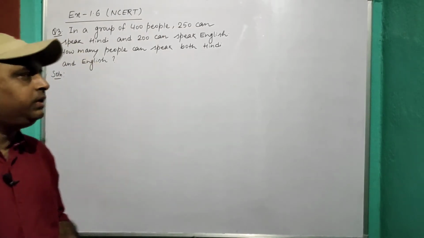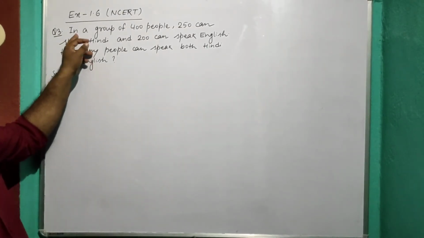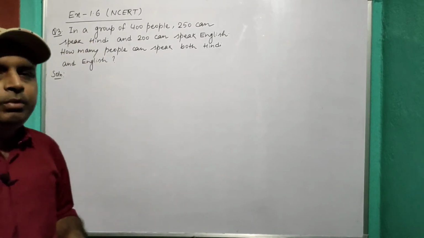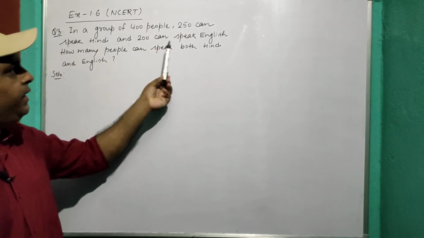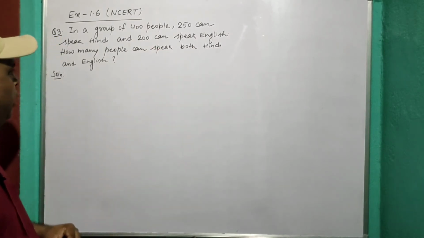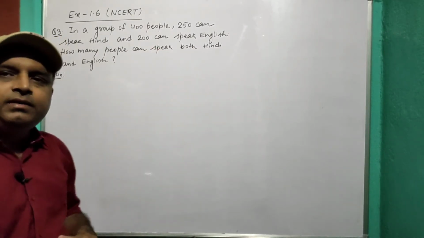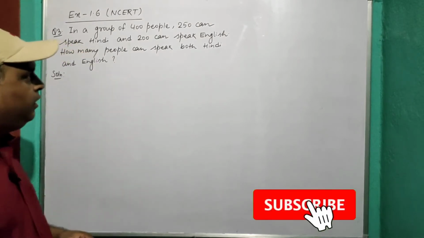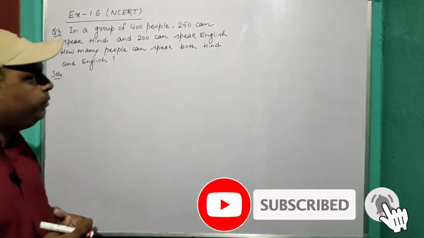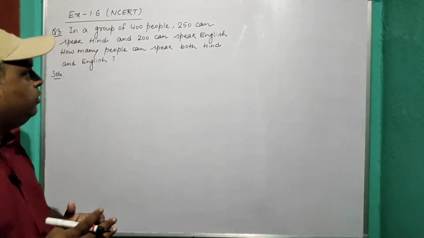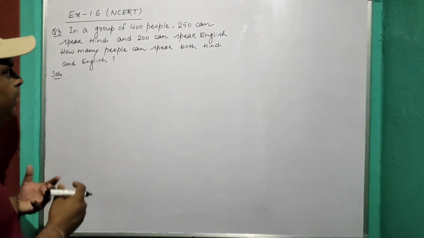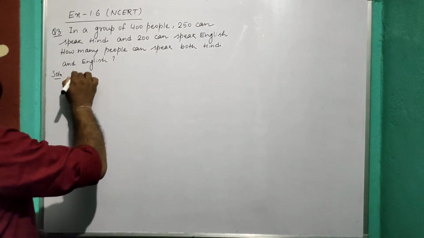This is your question number 3, where it is given that in a group of 400 people, 250 can speak Hindi and 200 can speak English. How many people can speak both Hindi and English? That we have to find. So let us denote the set of people who speak Hindi by H and the set of people who speak English by E. Okay?